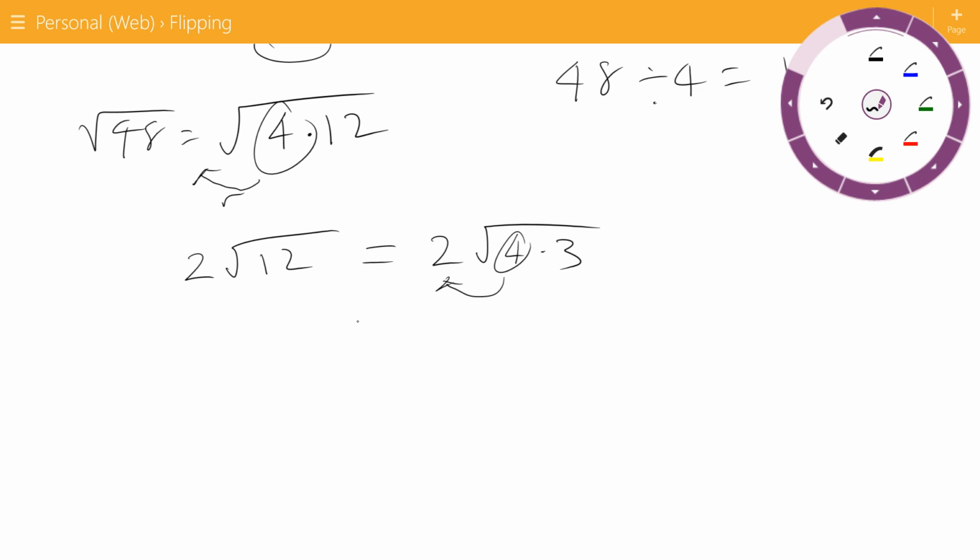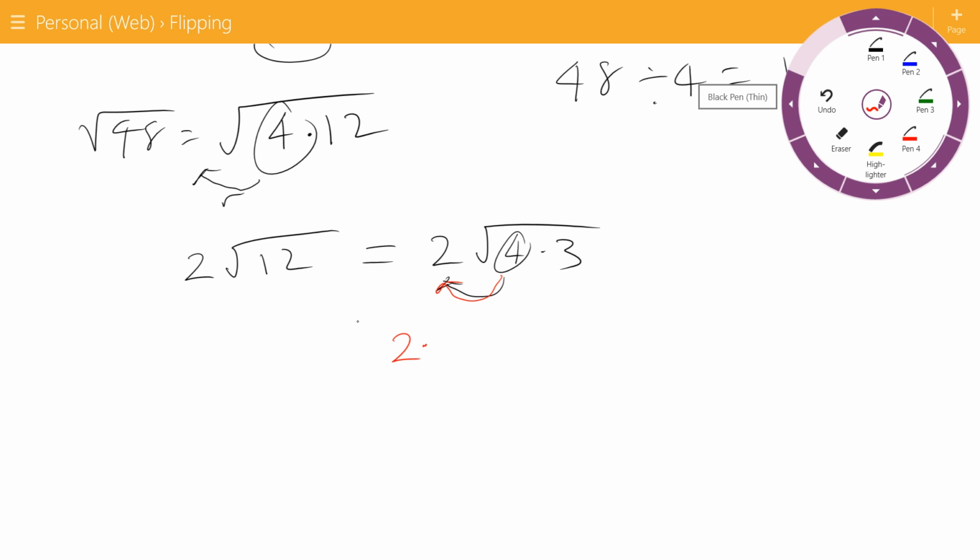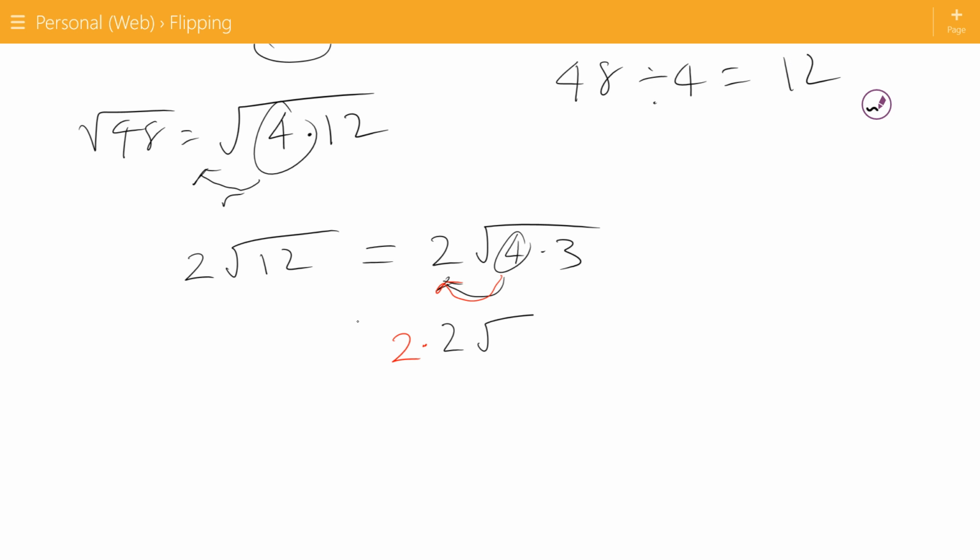So let's make that one red, just so we clarify that's the second one we've got. So now I've got 2 times my original 2 times the square root of 3, because the 4 is gone, we pulled the 4 out. These I can simplify. All I'm doing is 2 times 2, which is 4, times the square root of 3. That's it. This is simplified.